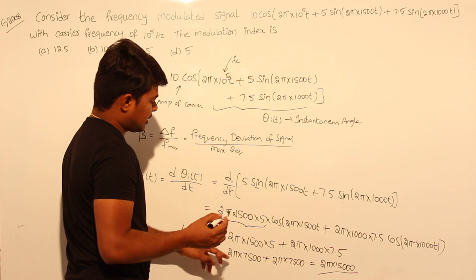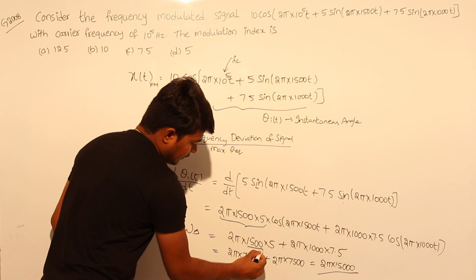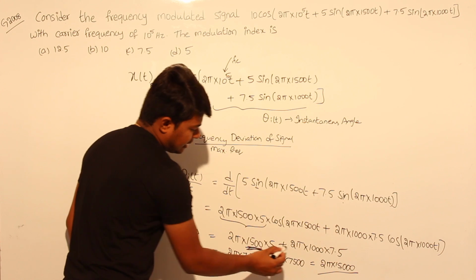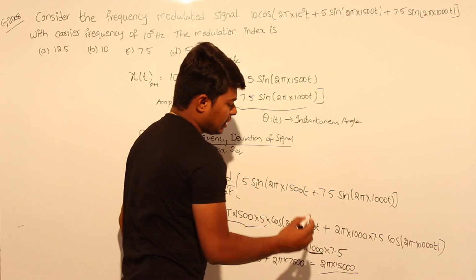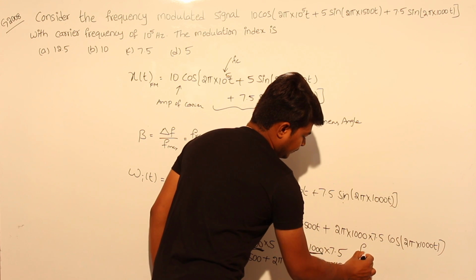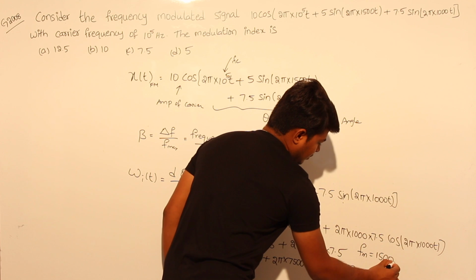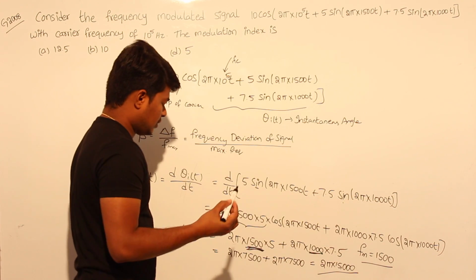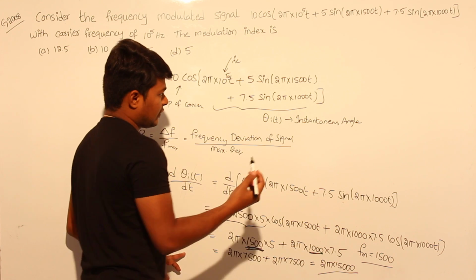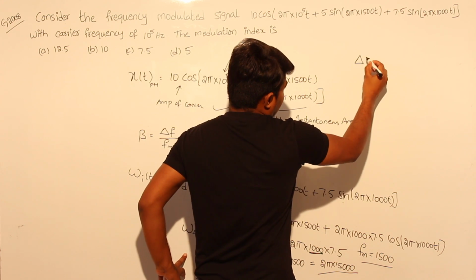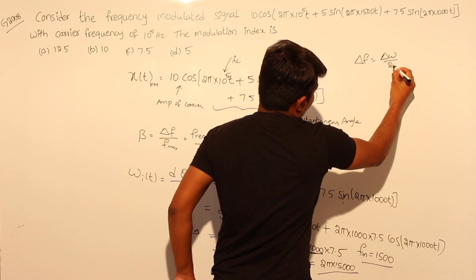Now you need to find out what is the maximum frequency. Here it is 1500, here it is 1000. From these two, whichever is greater, you need to take that as FM. FM is equal to 1500. Now we calculate delta F from delta W. Delta F is equal to delta W by 2 pi.